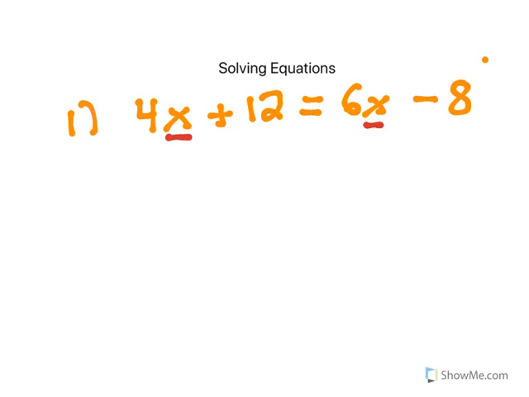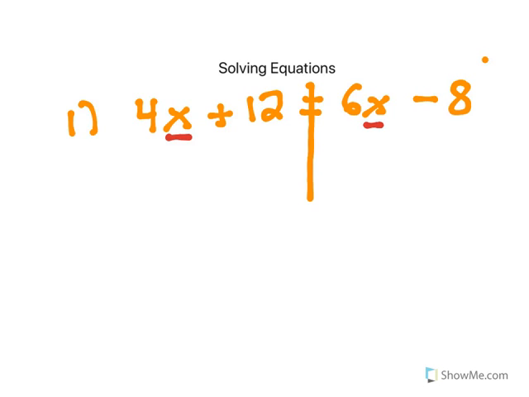So a lot of people like to do this. You guys are probably a little more advanced, so you don't need to. But right now you can see 6x and 4x are on different sides. So we've got to move them to the same side. Now, we can either move 4x over to 6x or 6x over to the 4x. Completely up to you. Generally, I like to move the smaller one because that's going to allow me to deal with positive numbers, but it really doesn't matter.